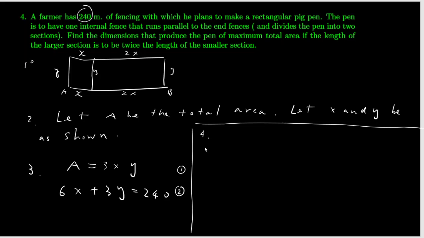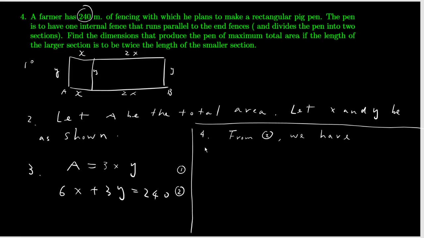Again in step 4, we want to write A as a function of only one variable. So maybe from equation 2, I told you before, it's permissible to divide both sides of the equation by a non-zero constant, 3.